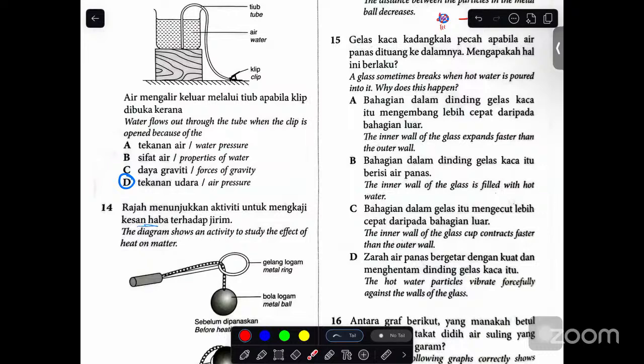Kenapa gelas kaca dia pecah if teacher pour in air panas? This one is a little bit tricky, ya.